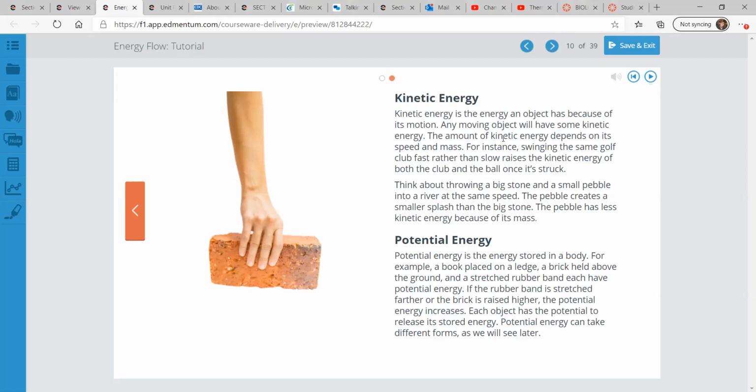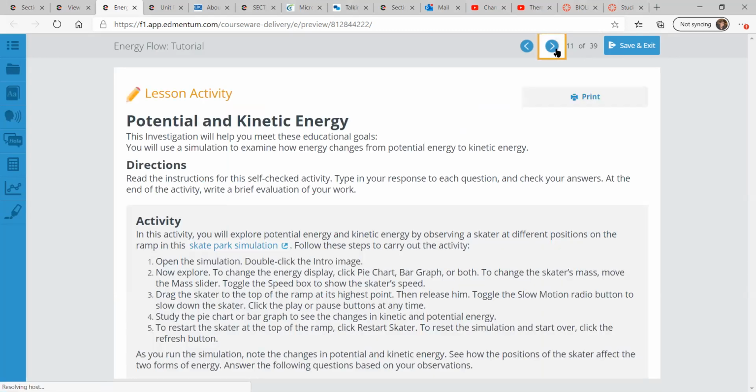Potential as in energy that can be converted into another type of energy. So the potential energy in a rubber band is increased if you stretch it further. And if you take a brick and then raise it higher off the ground, that increases that potential energy. And the potential energy can be released, and that can take different forms. And we'll look at that later as well.